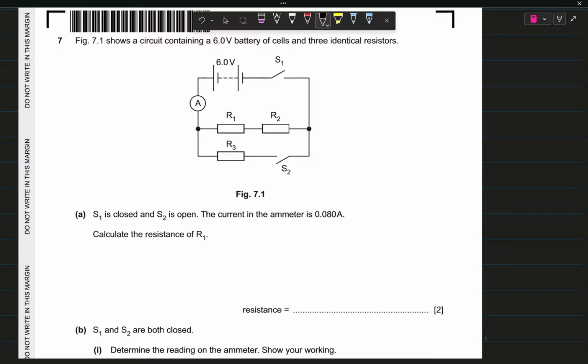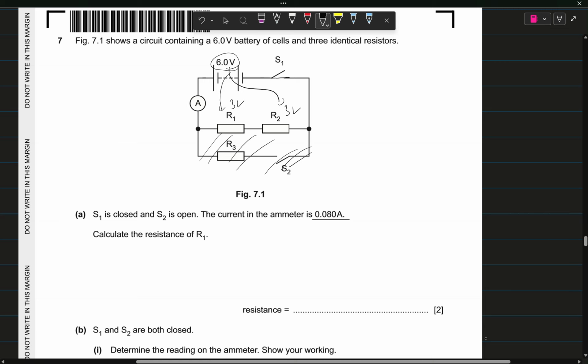Okay, so since S1 is closed and S2 is open, this means that we can cancel all of that, and we have a series circuit. And in a series circuit, the current will be the same, but not the voltage. The voltage will be split on the two resistors. So 3 volts will go here, and the other 3 volts will go here.